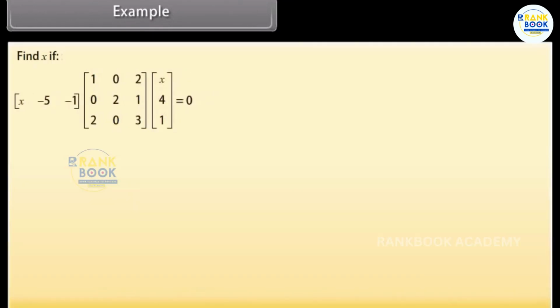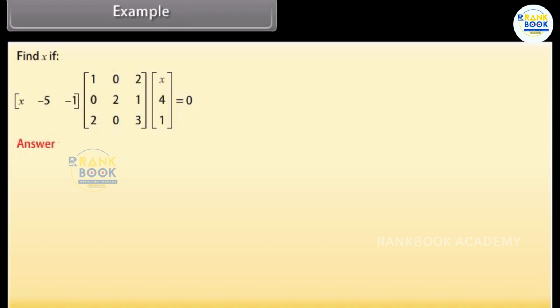Example. Find x if the matrix [x, -5, -1] multiplied by the matrix with rows [1, 0, 2], [0, 2, 1], [2, 0, 3] multiplied by the matrix [x, 4, 1] is equal to 0.